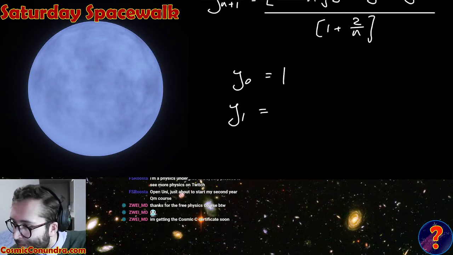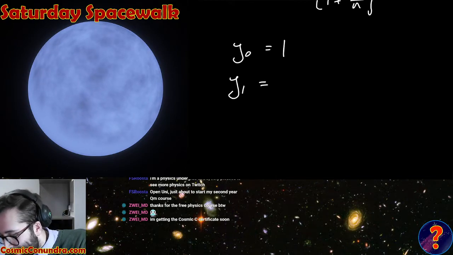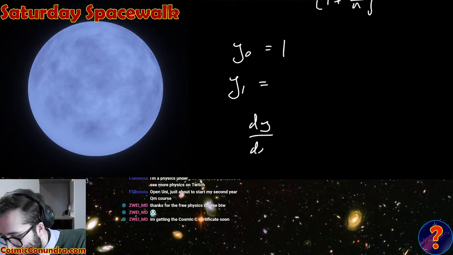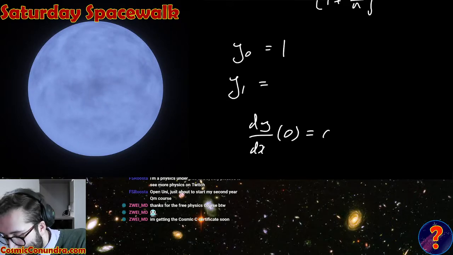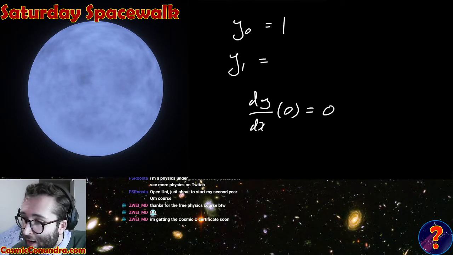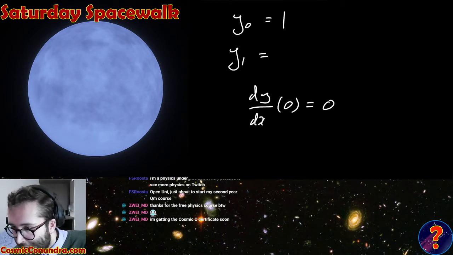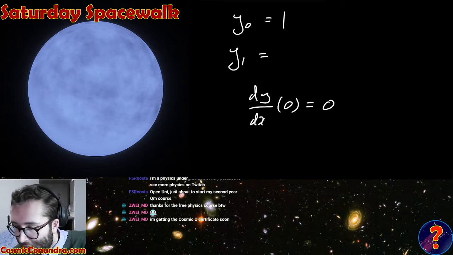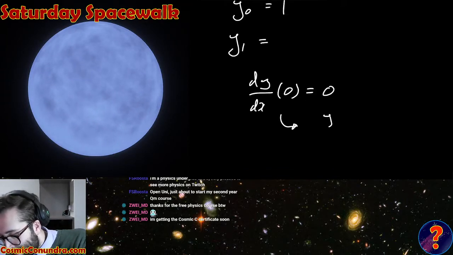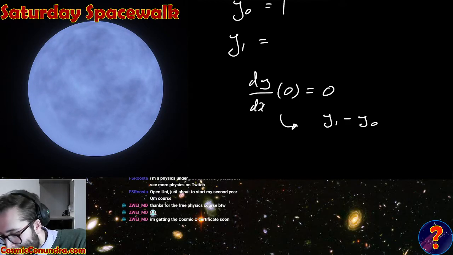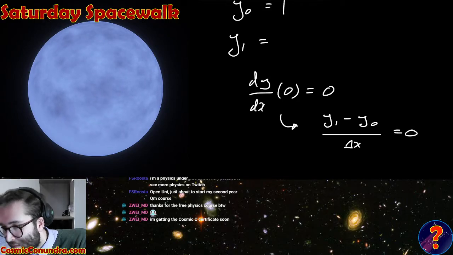Now y1, the boundary condition we have already is that we have dy by dx evaluated at 0 is equal to 0. Now if we write this in terms of our discrete variables on these grid points we've defined, this will now become y1 minus y0 over delta x is equal to 0.